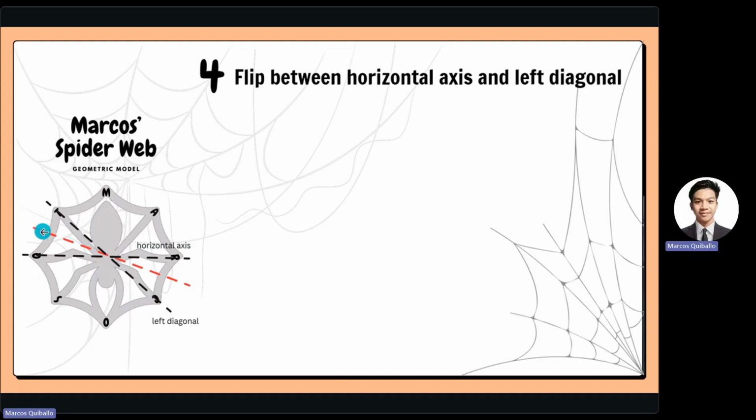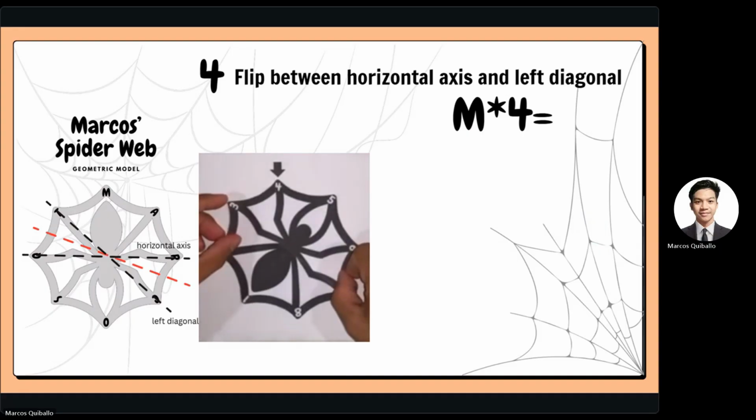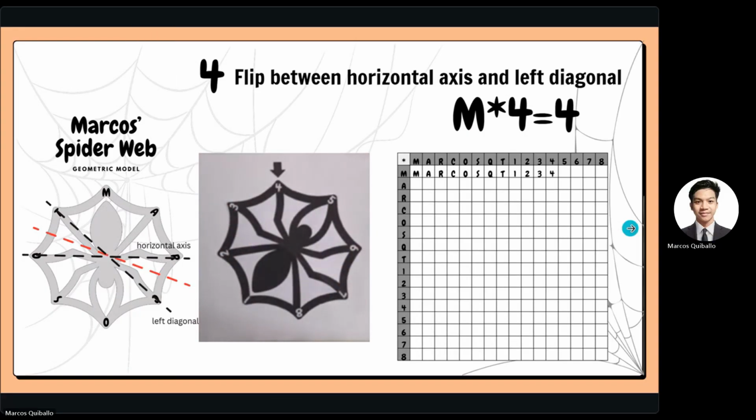So it is the red broken line. When we operate M as our initial point with 4, which defines a flip between horizontal axis and left diagonal, the resulting element will be number 4. So this is our table.